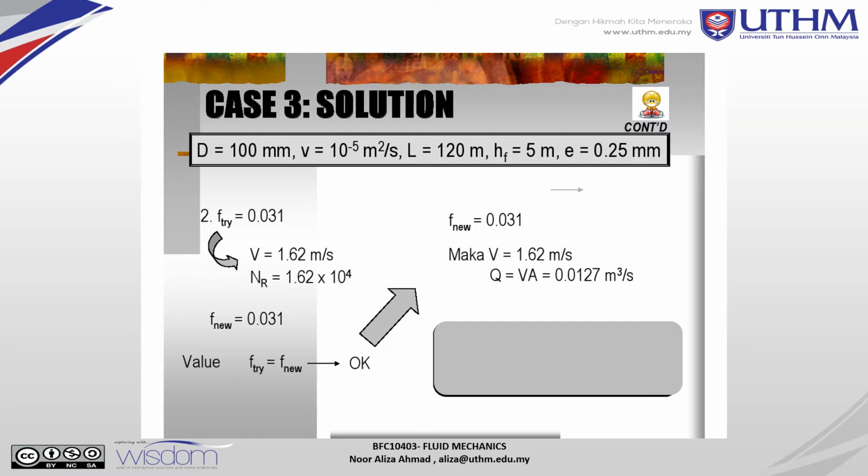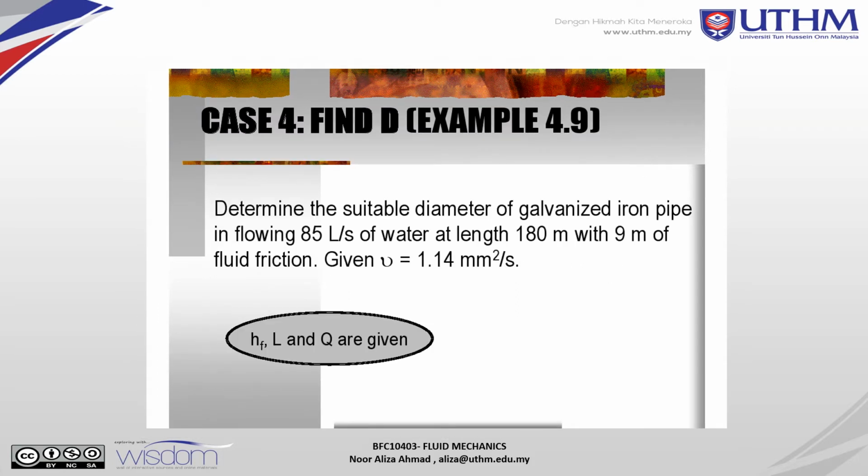We use the F new of 0.031. So we get the velocity is 1.62 meter per second, and Q is equal to velocity times A. So we get the value of Q.